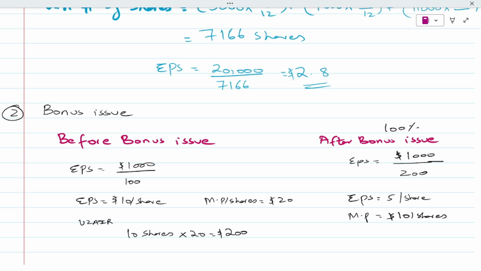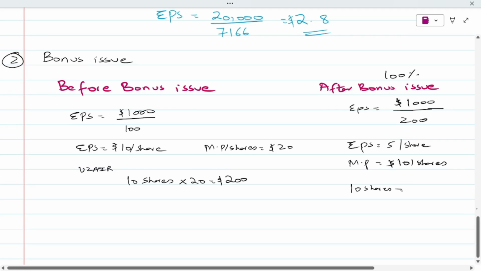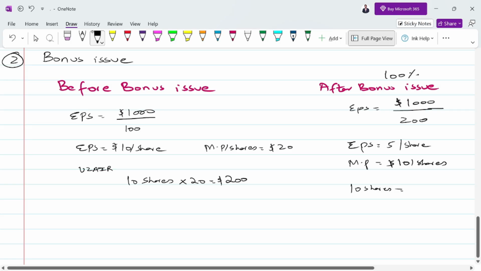So market price now is $10. So let's say, who was I? Uzair, right? I have 10 shares as an individual investor in this company, and obviously I still have the same 10 shares. So after the bonus issue, the real question is, is my wealth affected? Because you guys just calculated my wealth with me, which was $200 right here, right?